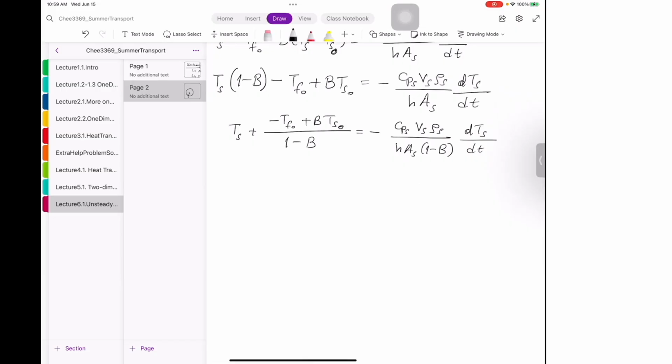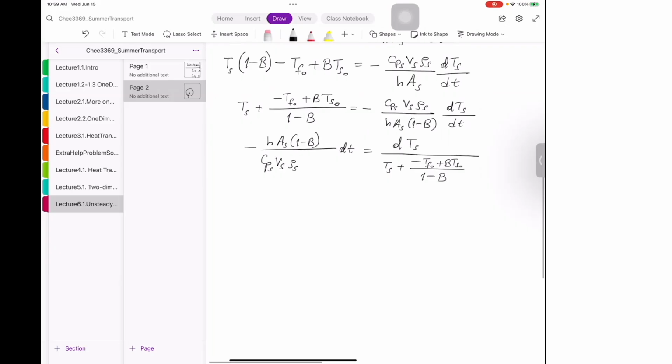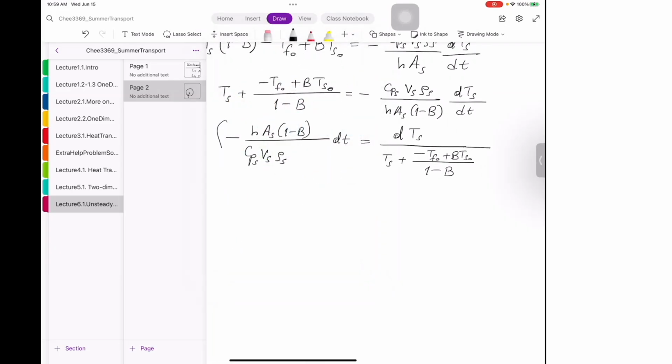Okay, and at this point, you can take the dt on one side and the Ts on the other side, so you get minus hAs times 1 minus B divided by Cps Vs rho s, dt is equal to dTs divided by Ts plus minus Tf0 plus B Ts0 divided by 1 minus B. Okay, now we're going to take the integral of both sides from time equal to 0 to time equal to t.